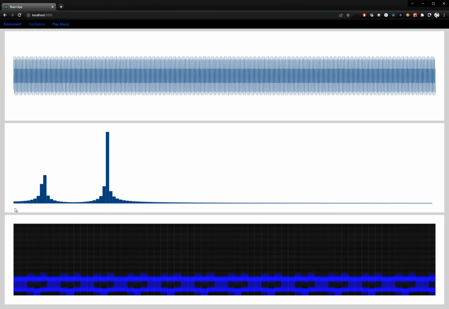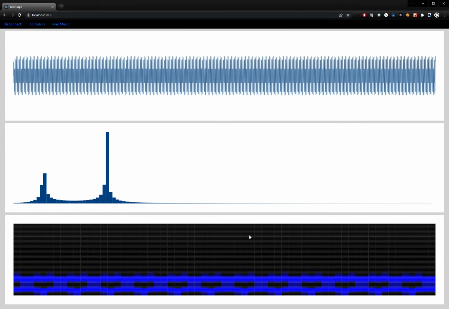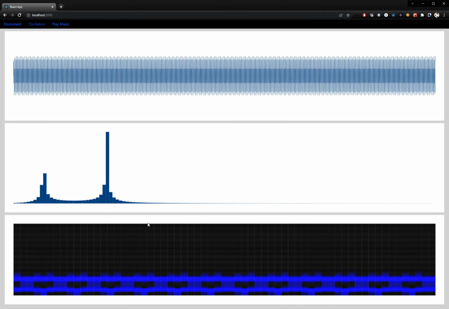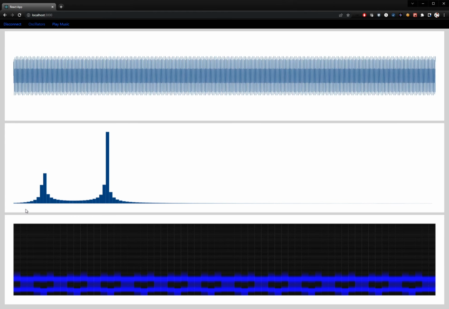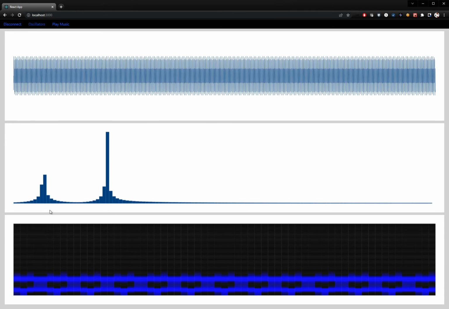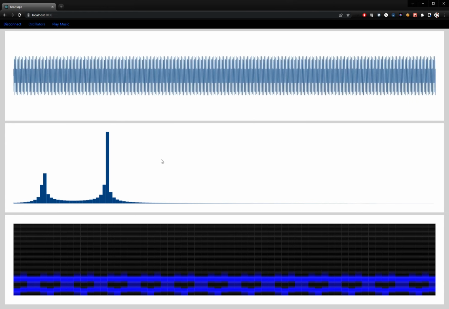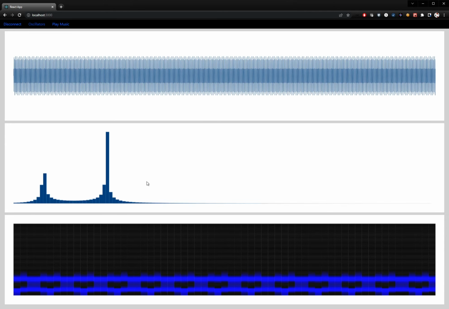The last thing to talk about is this visualization at the bottom, which is called a spectrogram. What it tries to do is put all three of these dimensions, amplitude, time, and frequency, back together into a single picture. The way that it does that: if you imagine this middle visualization, the power spectrum histogram, and you imagine that you built a three-dimensional model of what's on that, and then laid it out continuously for the entire duration of the audio.